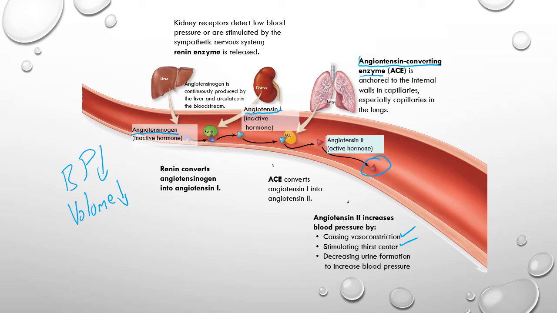And so our thirst center is going to be stimulated. From there, we're also going to decrease the amount of water lost by the kidneys by inhibiting the water from being lost. And so we're going to increase the reabsorption of water. We're going to shut down the loss of water by reabsorbing more of it. And that's going to allow us to start to bring back up our blood pressure as well.